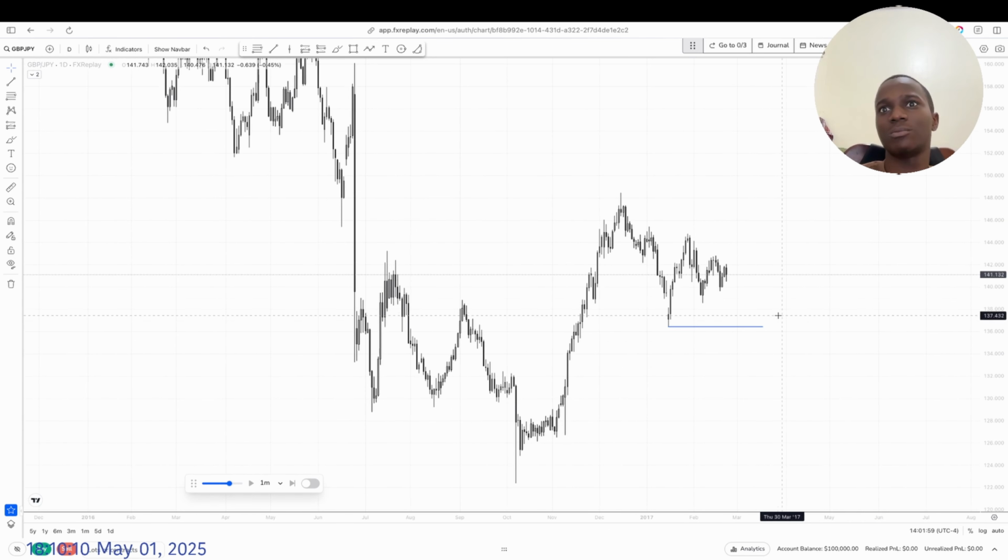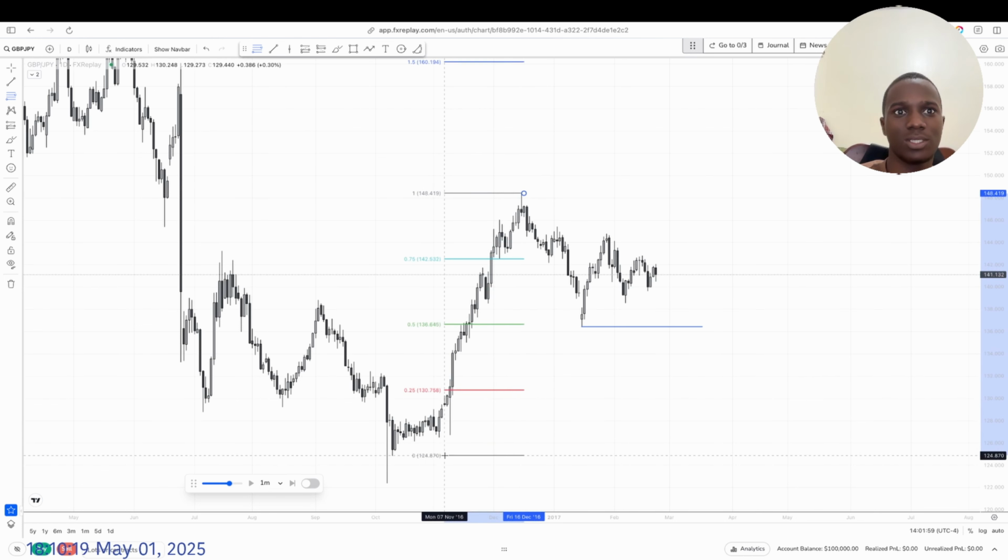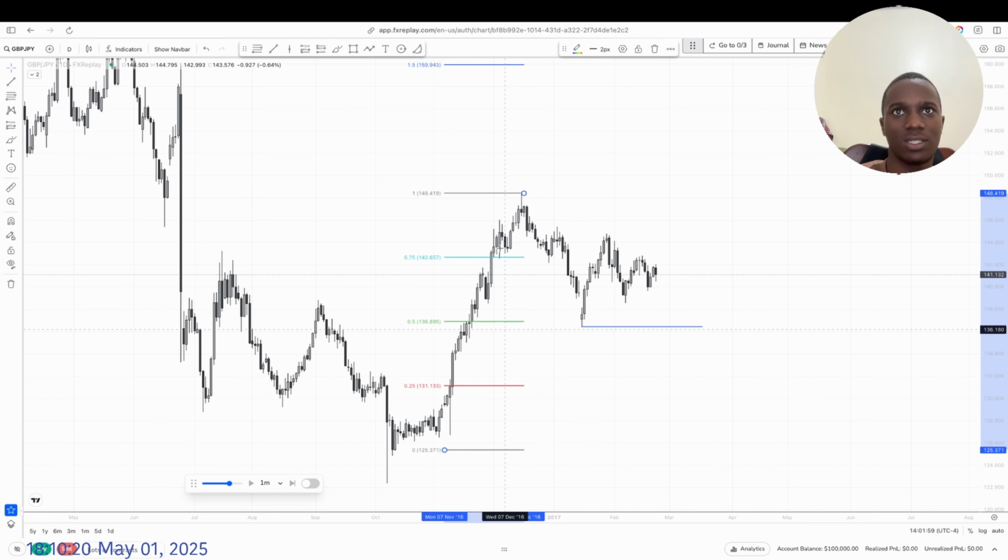To rebalance it, we have to get to equilibrium. So we take the fib retracement from this high to this low, and let's extend it a bit. You can see it tapped slightly into 0.5, then bounced back up.